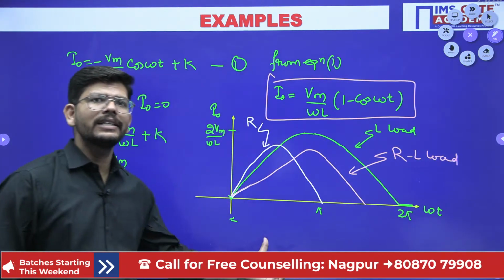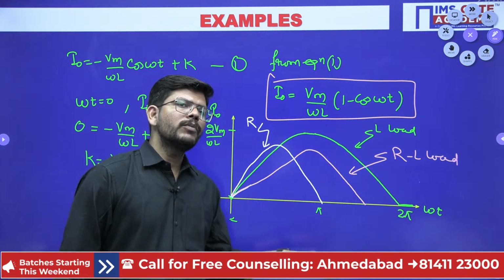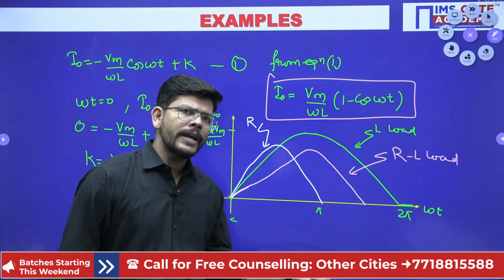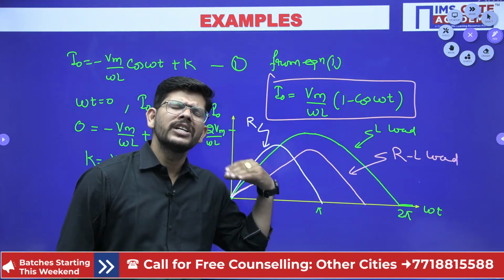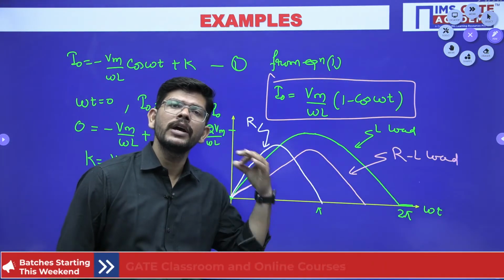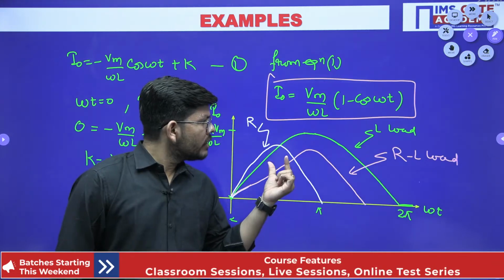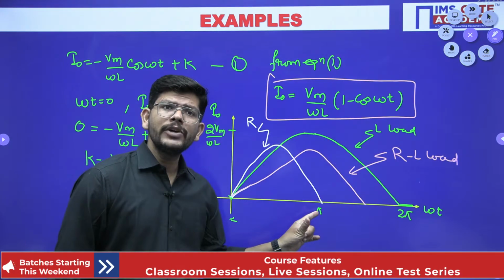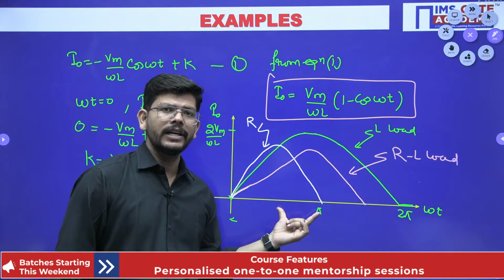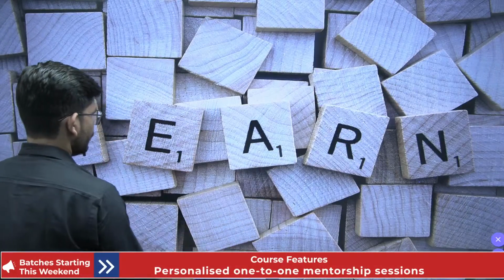These analyses become very important for you if you are dealing with rectifiers. If it is an L load, the switch will conduct for the complete 360 degrees. If it is a resistive load, the diode would have conducted only for pi duration, 180 degrees, half cycle of the AC voltage. Is it clear?